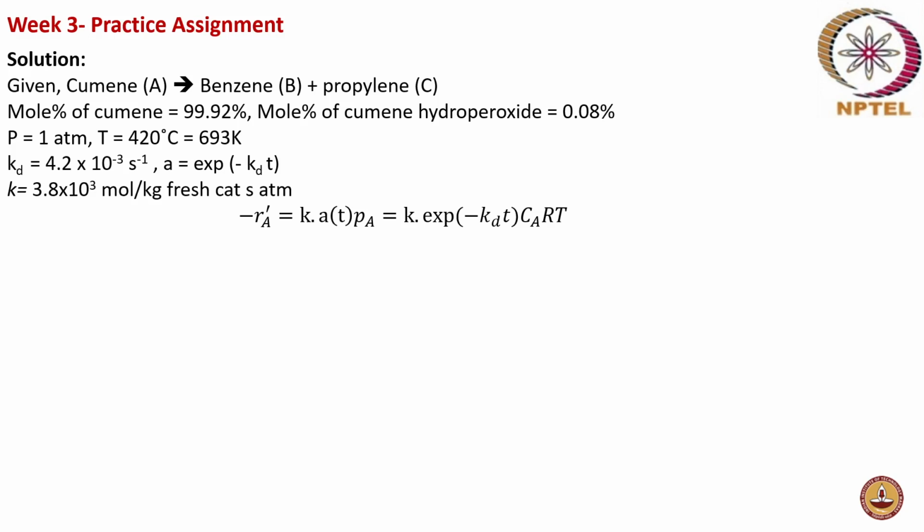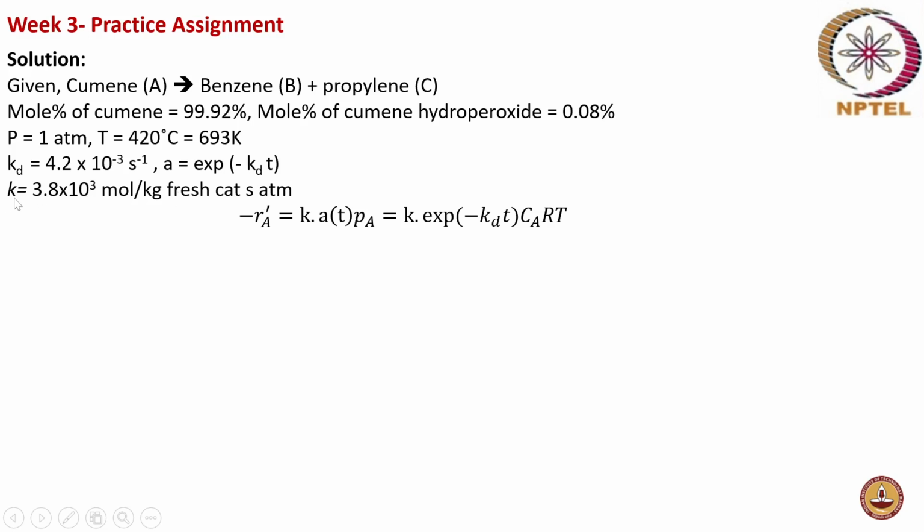It is actually on this page. There is one term from which you can identify that we should use only partial pressure in the rate equation instead of concentration. It is the atmosphere mentioned in the unit of the rate constant.